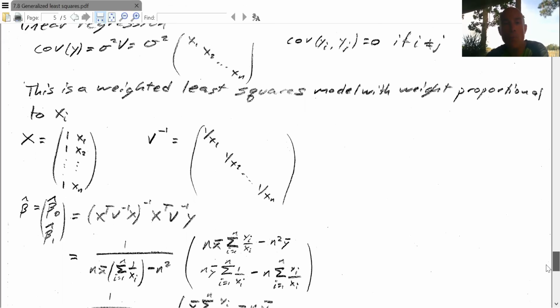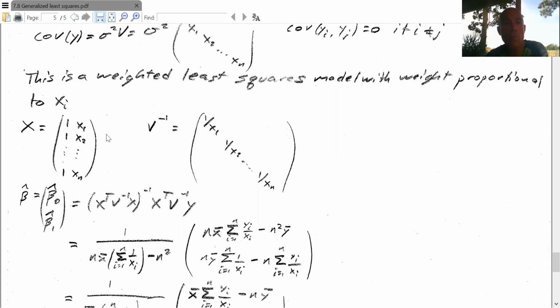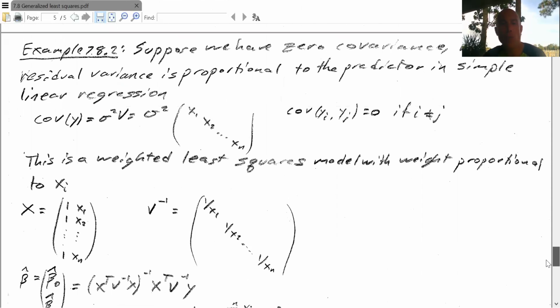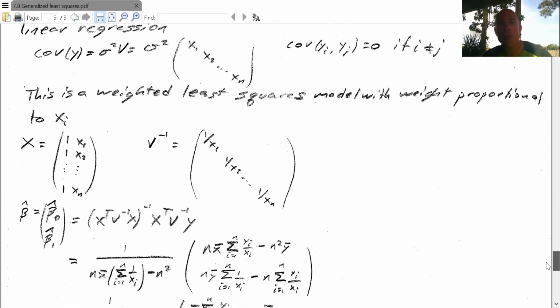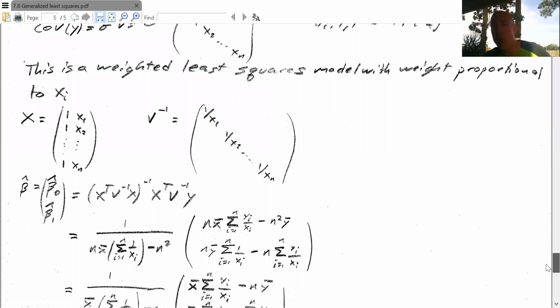Well, how should I approach this? X stays the same, but for my covariance matrix V, the inverse is just 1 over the observations. By the way, I don't think I wrote it down, but all the x's have to be positive for this to make sense. If not, we could just take the absolute value if we want to make it a little bit more interesting.